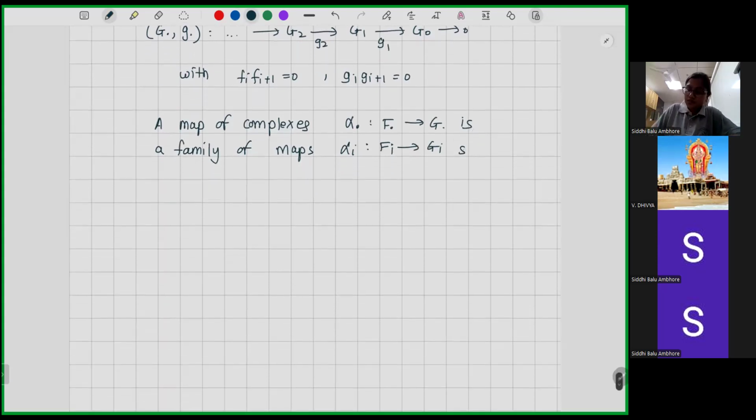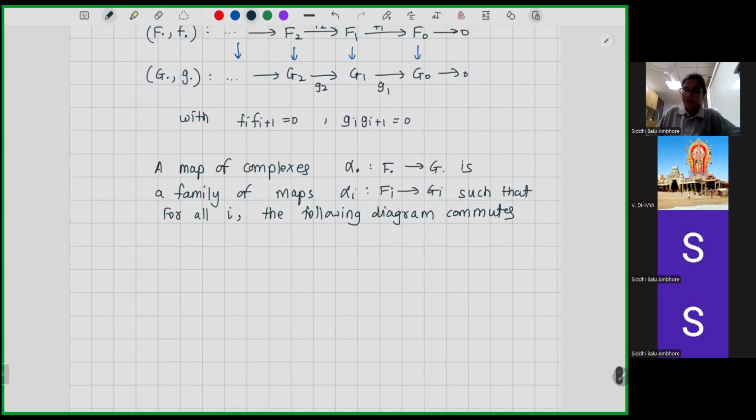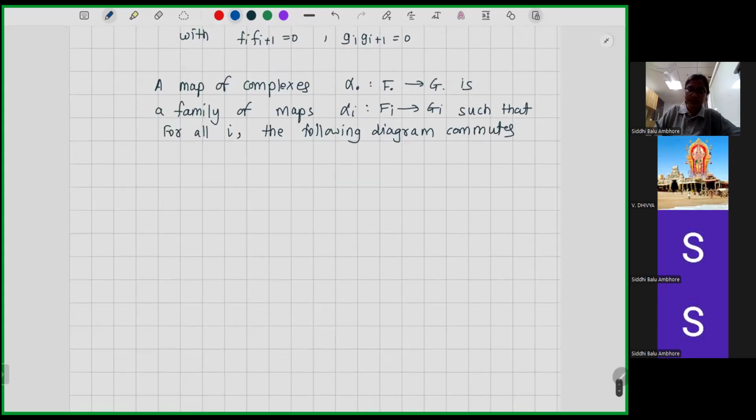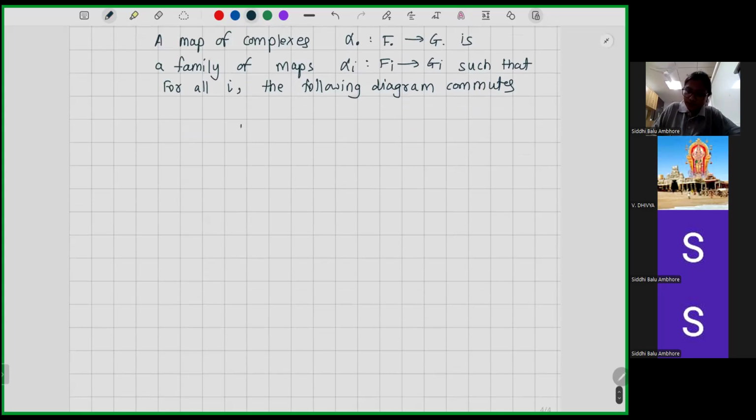These maps satisfy that for all i, the following diagram commutes. What is the diagram? It is maps between these things. These are my alpha i's: alpha 0, alpha 1, alpha 2. Such that this diagram commutes: fi from Fi to Fi minus 1, gi from Gi to Gi minus 1, with alpha i minus 1 and alpha i.